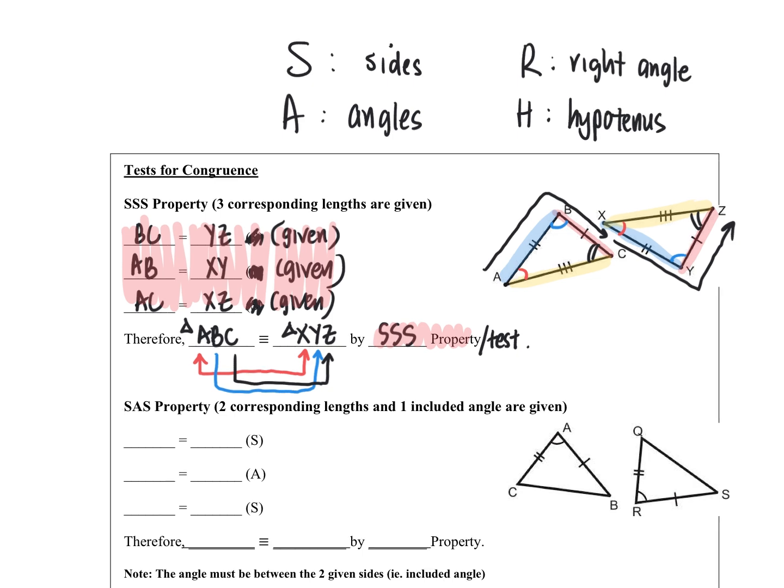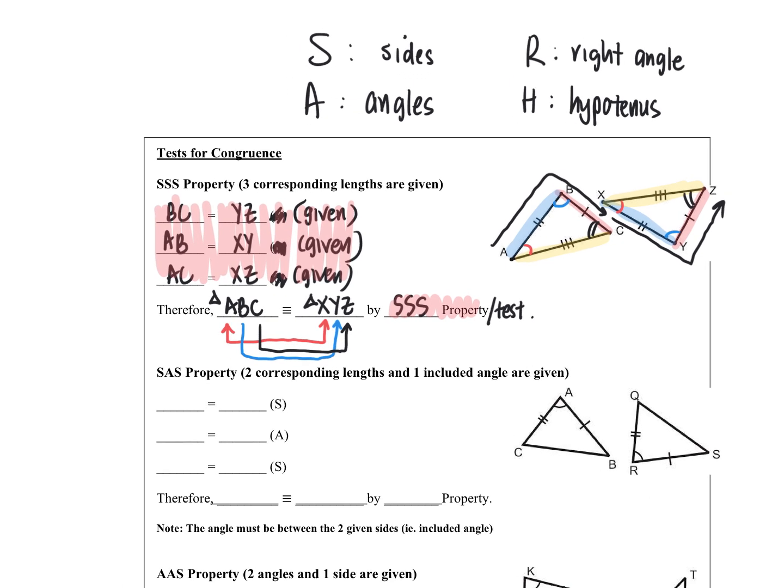What if it's SAS? So be very careful. This S, not this S. This angle is trapped between two S. Trapped in between. It's called included angle. So when you are looking at your diagram, it is the letter V where the angle is in between it. So the angle must be in between.